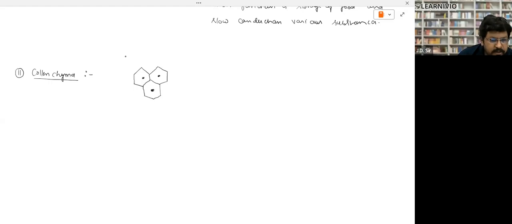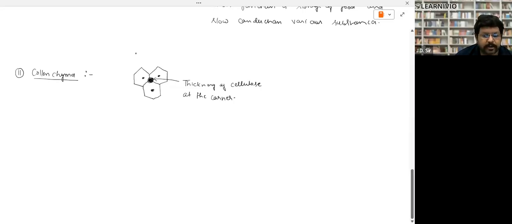Between these cells, deposition of some material takes place at the junction, and this is the thickening. It gives them strength. This is the thickening of cellulose. So deposition of cellulose takes place at the corner, and it provides strength.